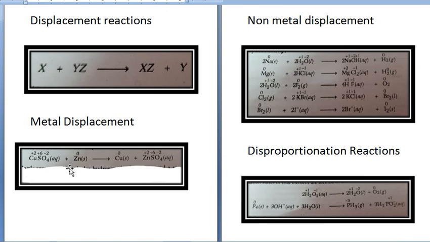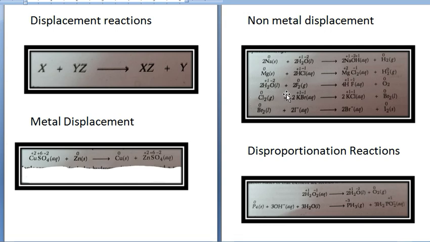So it becomes XZ plus Y. This type of reaction, in which an ion or an atom in a compound is replaced by an ion or atom of another element, is called a displacement reaction. They are of two types. First is metal displacement. A metal in a compound is displaced by another metal in uncombined state, like CuSO4 plus Zn. So the Cu is replaced by zinc now. It gives you Cu plus ZnSO4.